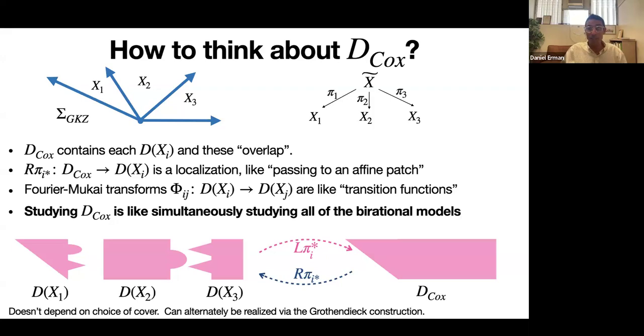There are a few technical issues in saying what the coherent Cox category would be, what the coherent sheaves category on the limit would be. But we're hoping to add that in a later work. The issue is that coherent sheaves on X tilde don't always push forward to sheaves. Sometimes they have higher push forwards when you push forward under the pi i's. So did that answer the question?